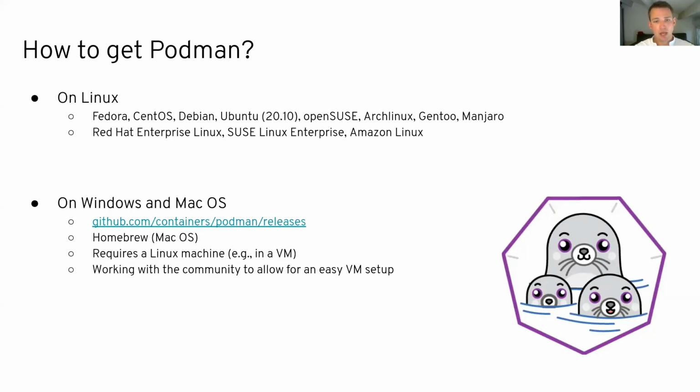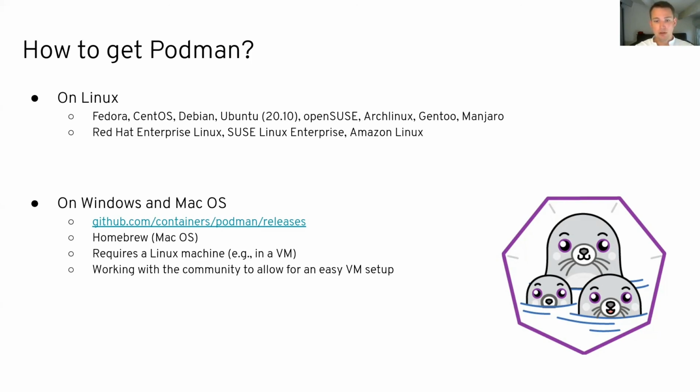Currently we're working together with the community to allow for an easy setup of these virtual machines. And starting with Podman 3.2, there's a new command called podman machine, which allows for setting up, creating and managing those virtual machines.